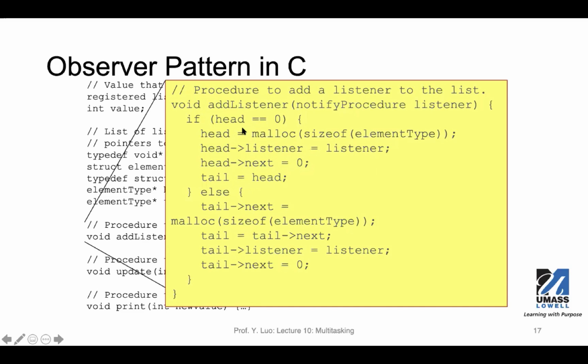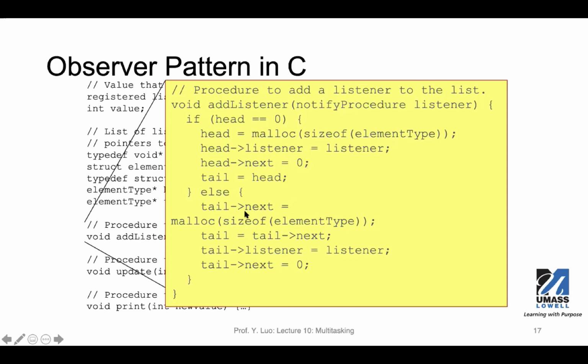If you already have a node on this linked list, then you're going to execute this path. In this case, we're going to grow at the tail. So we're going to create a new node by using malloc. And since tail is the last node, I'm going to basically put the new node as its next. Before I do this, this tail next was a null pointer. That's what you had here.